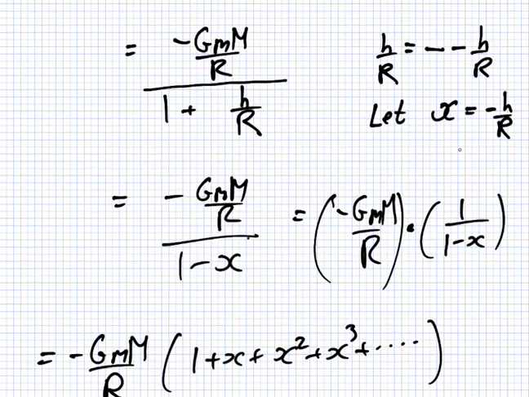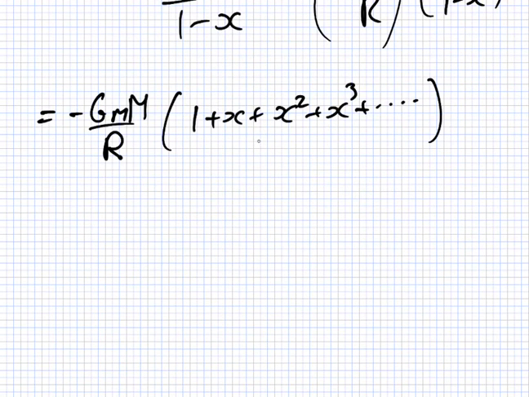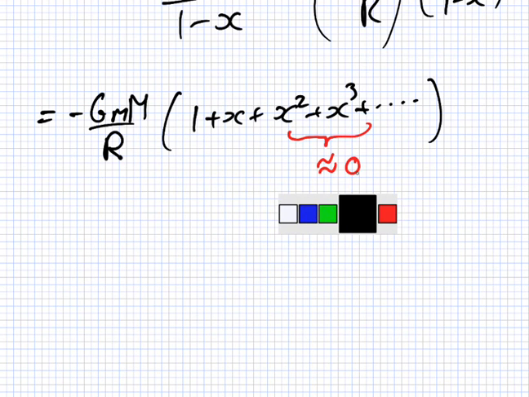Now, look here. This distance is very small, and this is very big. So X, will it be very small or very big? Very small. Very, very small. In fact, it's so small that we're allowed to consider these higher terms as being practically zero. If you took out your calculator as an example, and you had a really, really small number, and you square it, it becomes even smaller.